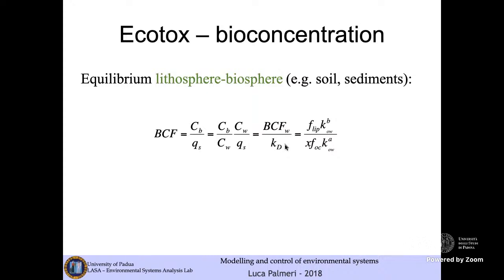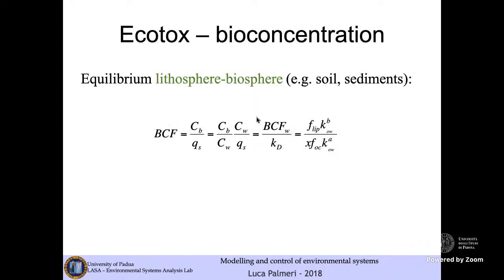So we may express KD as a constant times the fraction of organic carbon times the KOW of a particular contaminant. So we are rewriting the bioconcentration factor in the solid as a function of the bioconcentration factor in water.